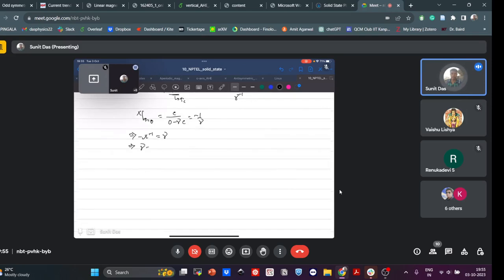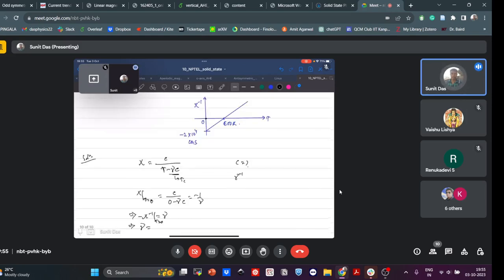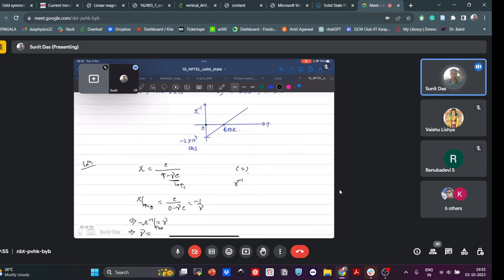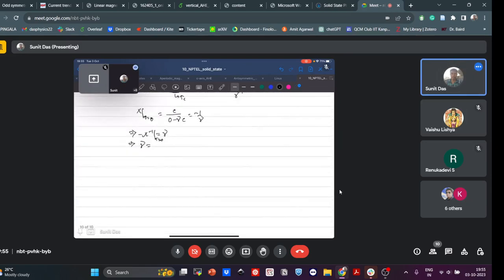So gamma becomes minus chi inverse at t equal to 0. From the figure, chi inverse at t equal to 0 is minus 2 into 10 to the power 4 CGS unit. So gamma becomes 2 into 10 to the power 4.